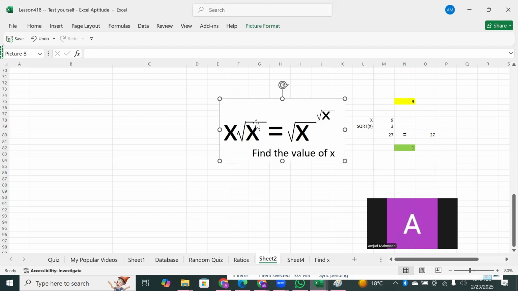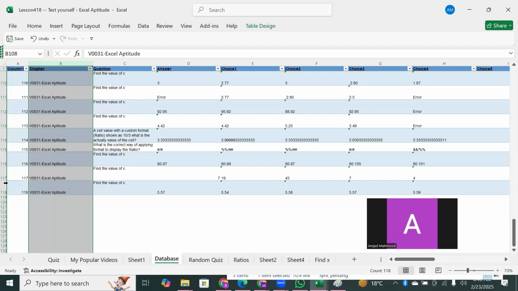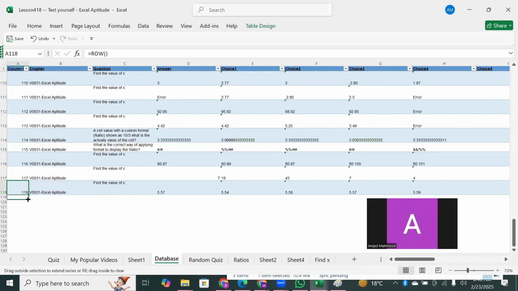So the next thing we do is take this and put it into our database of questions. To add a new question, all we need to do is copy these two things. If the same chapter is continuing, then you can use the same, this is Excel aptitude, and move this also here.